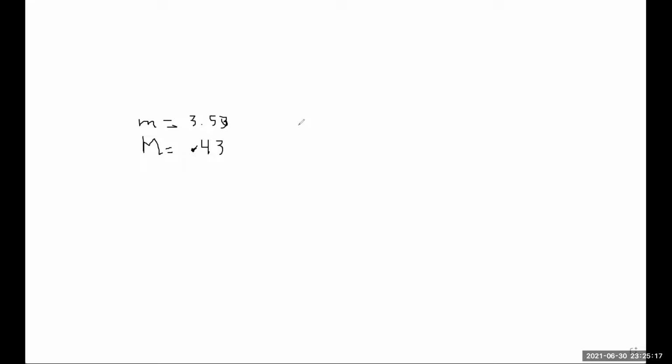The distance modulus m minus big M is going to be, sorry, this minus this is going to be 3.10. So now the distance to that star is going to be what? 10 to the power m minus big M plus 5 over 5.